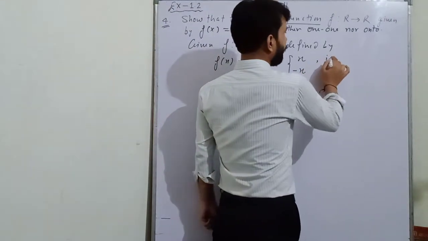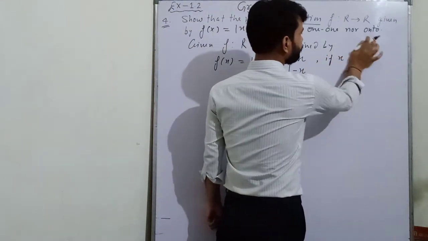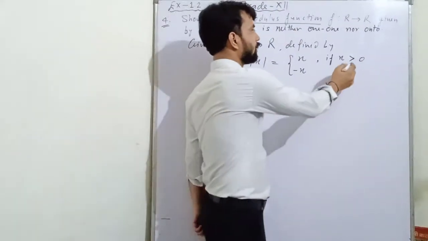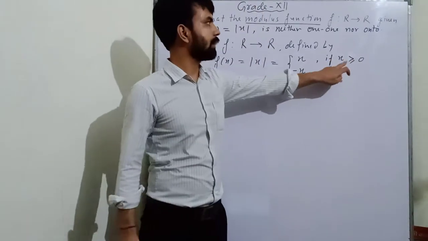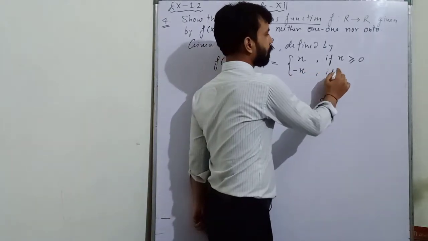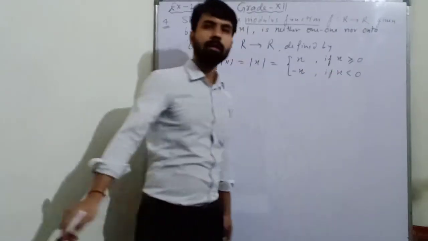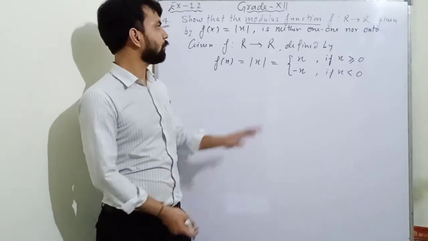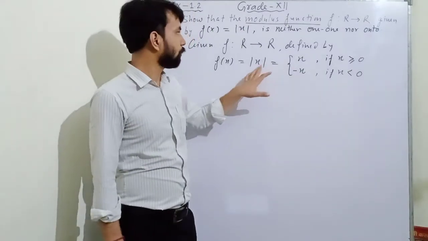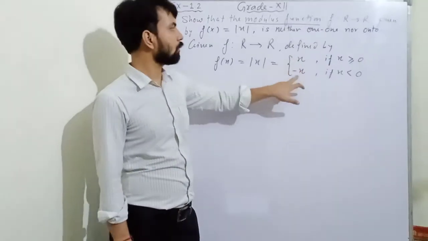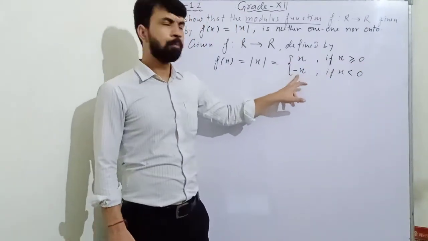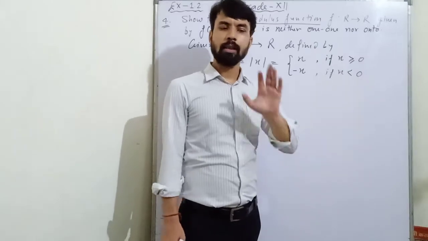Positive x when x is greater than or equal to 0, or negative x if x is smaller than 0. Clear? So whenever a modulus function is there, you can define it in this manner also: modulus x equals two values, x or minus x, when x is greater than or equal to 0, or negative x when x is smaller than 0.